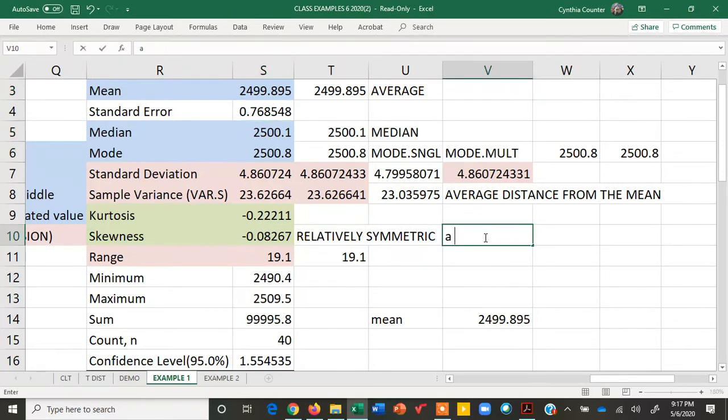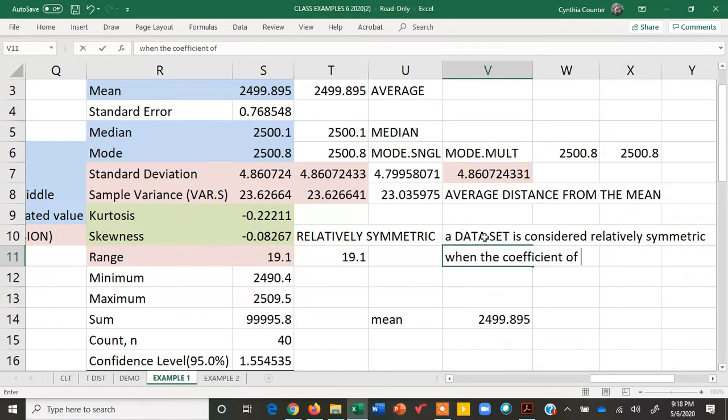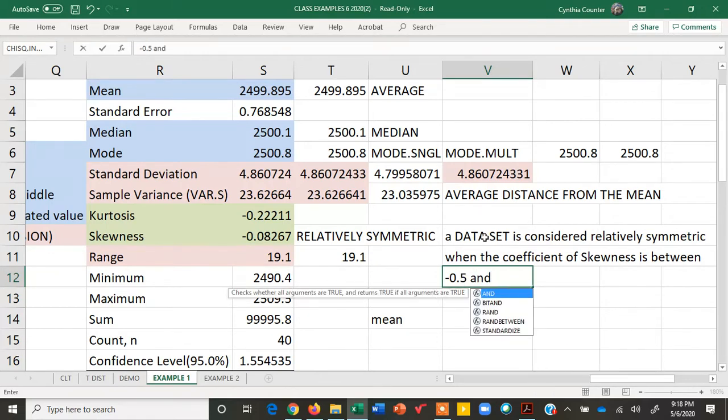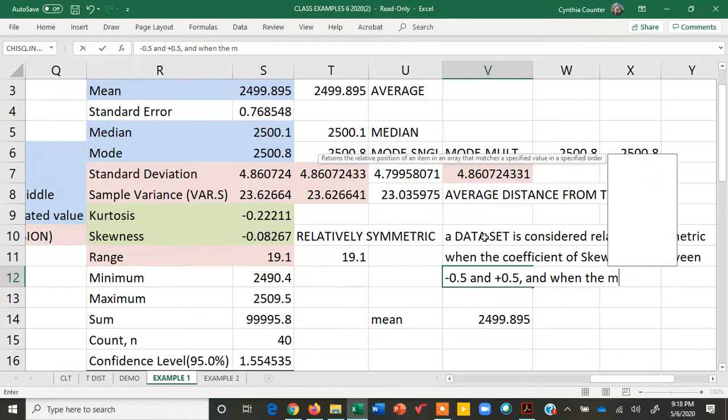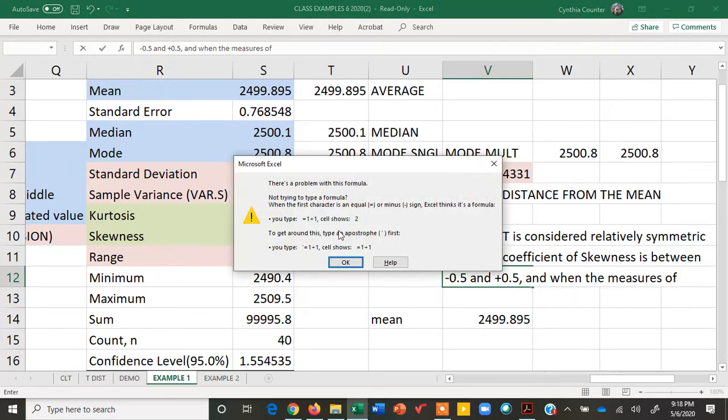So a data set is considered relatively symmetric when the coefficient of skewness, which is what we have in our output labeled skewness, is between negative 0.5 and positive 0.5.